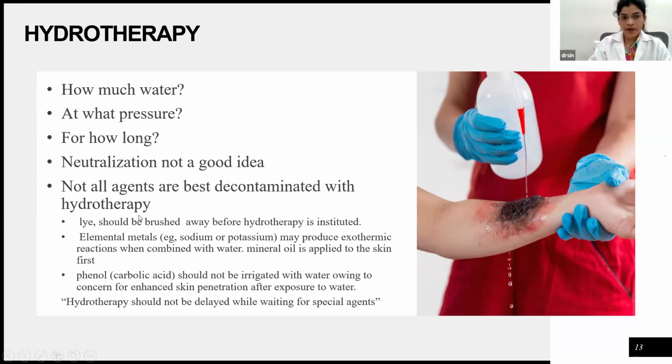And there are some contraindications to hydrotherapy as well. Not all agents are best decontaminated with hydrotherapy. In case of lye, it should be brushed away even before hydrotherapy is instituted. And in case of elemental metals like sodium or potassium, it may cause exothermic reaction when combined with water. So mineral oil is applied first to the skin.